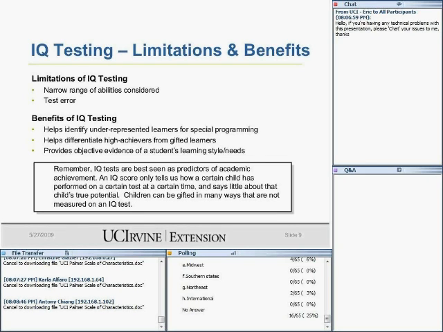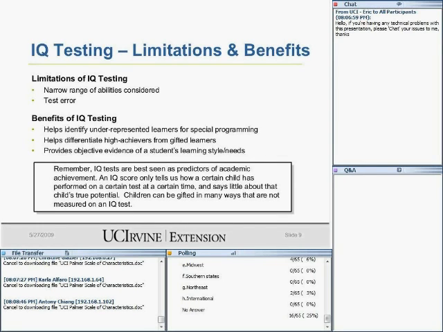Every test, including IQ tests, has error. That error could be attributed to the tester, the person giving the test, or the person taking the test. The student or the adult or child sitting across the table may not be feeling well that day, for example. So when we give an IQ test, we get a number. That number is not always perfect. There's always some error in the test, and the examiner that gives the test should recognize that and explain that error to the person they're giving the test to.